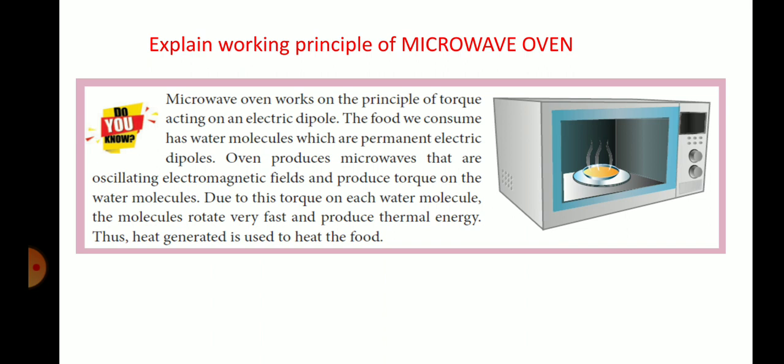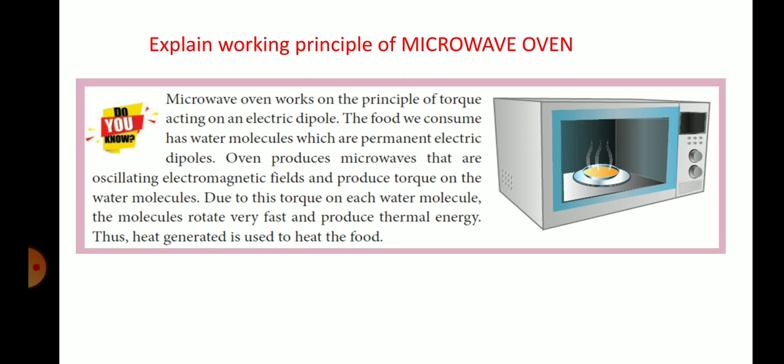In the first class, in the dipole class, I told you an example for an electric dipole is water, H2O. If you want to prepare food, surely there will be water molecules, correct? So water molecules are a dipole.